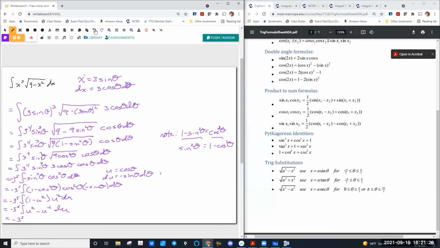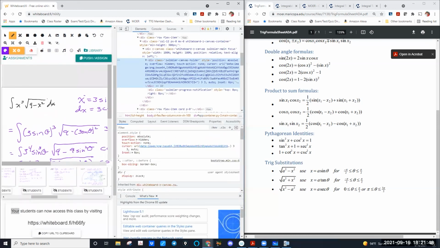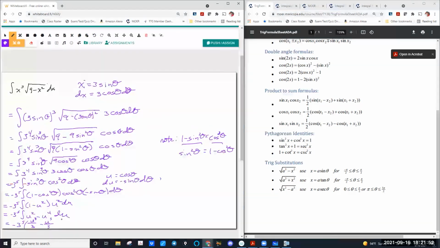Times, now we're going to have in parentheses u cubed over 3 minus u to the 5th over 5, plus c.